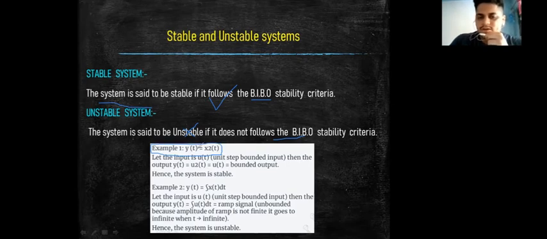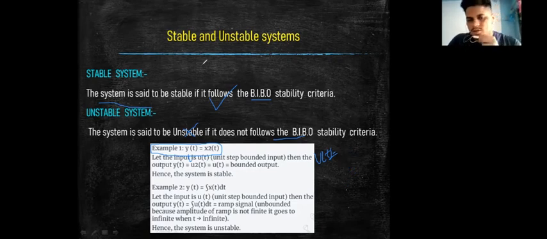So y of t is equal to x of 2t. This is a signal. Let the input be u of t, which, we all know, is nothing but your unit step signal.